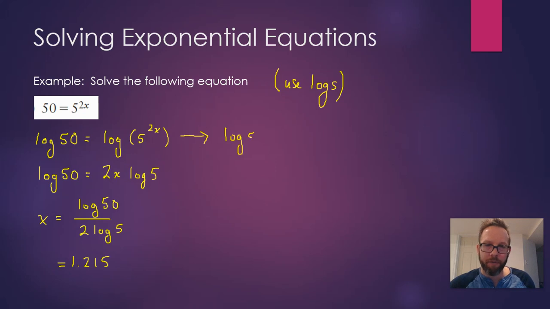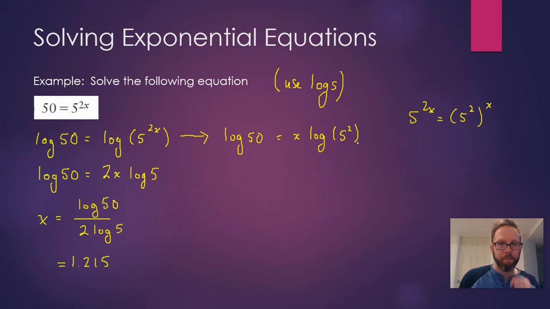Taking an alternate tack for this one, if you want to just get this down as well. So log 50, what I could have done is think of 5 to the power of 2x. If I think of that as 5 squared to the power of x, then I can just bring down the x and be left over with 5 squared, which is 25.